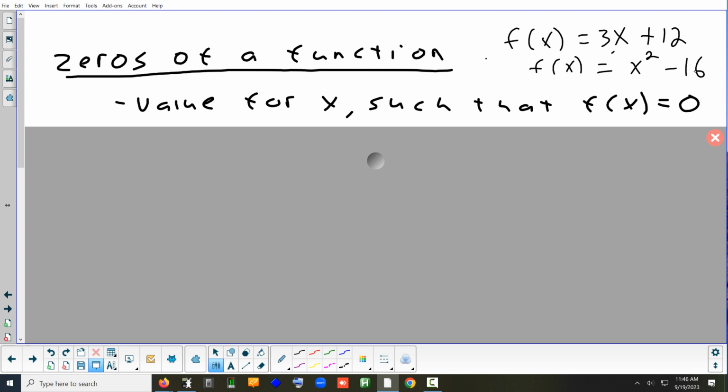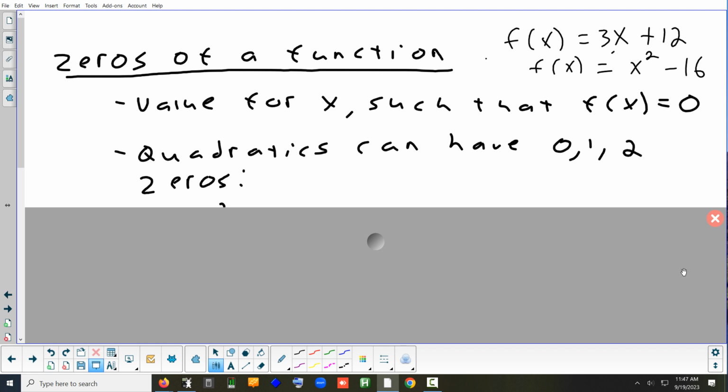What's one number you could plug in for x? You could plug negative 4 in, because that would give you 16 minus 16, or 0. So this is a formula that has 2 zeros. There are 2 numbers you can plug in for x that give you 0.